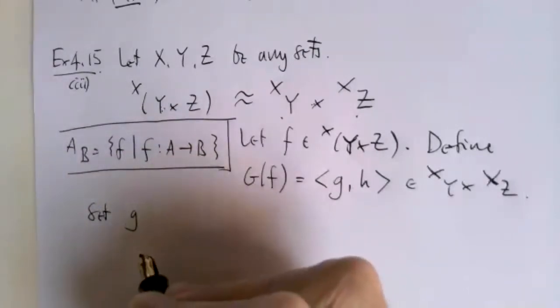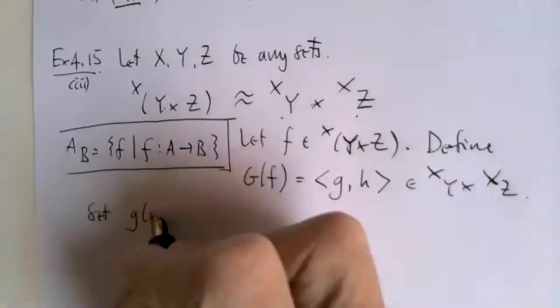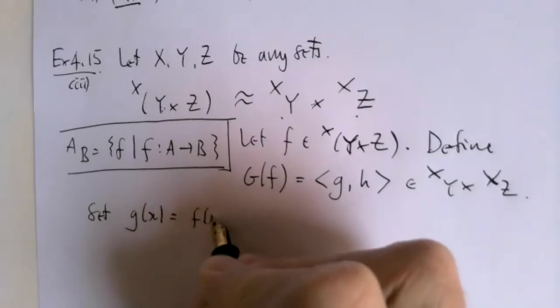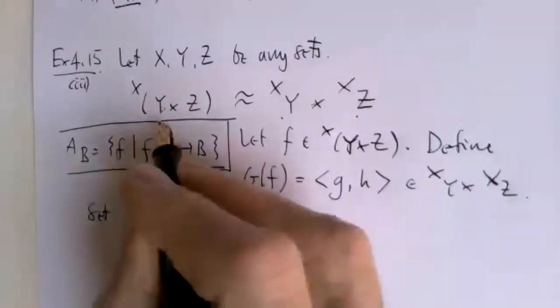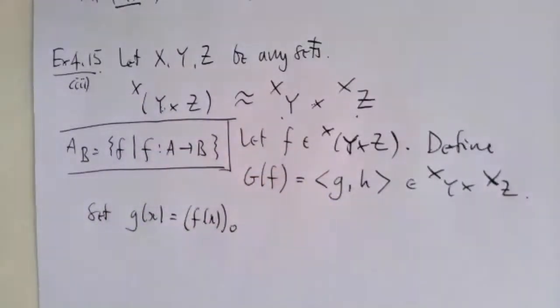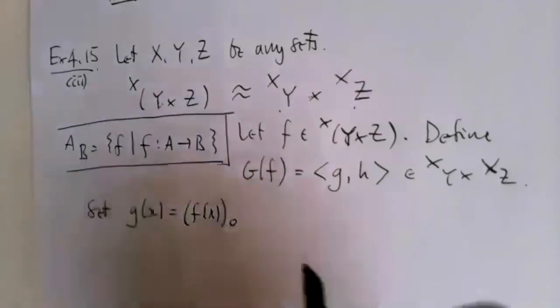So I'll set g of something in x to be the thing that f sent that x to, but just the y part, which is the left-hand part of this unpair here.